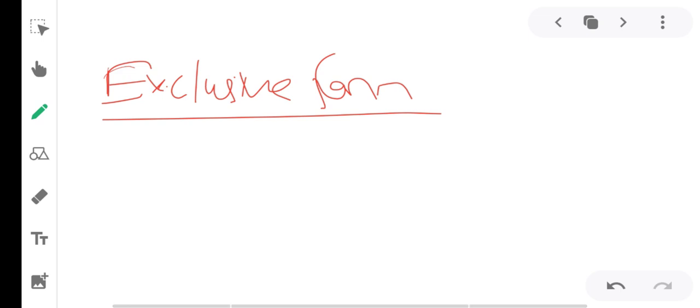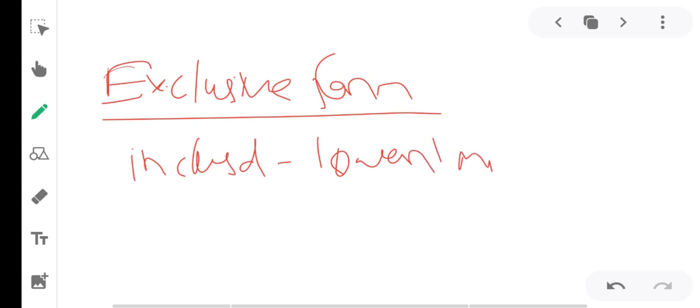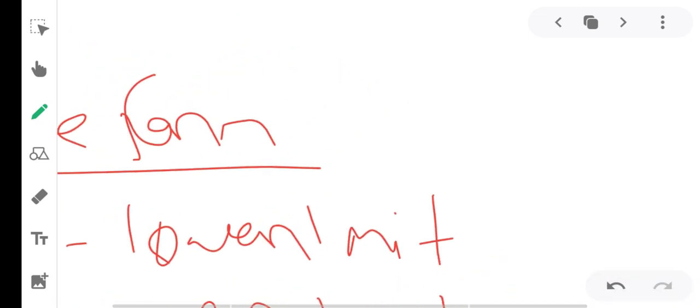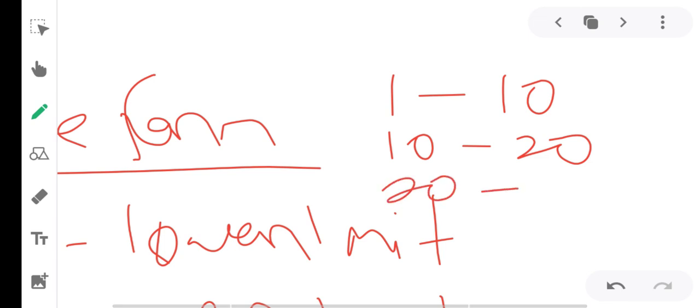Will include the lower limit but will exclude the upper limit. Okay, then inclusive. So for example, for exclusive form, the class intervals will be like 1 to 10, 10 to 20, 20 to 30.